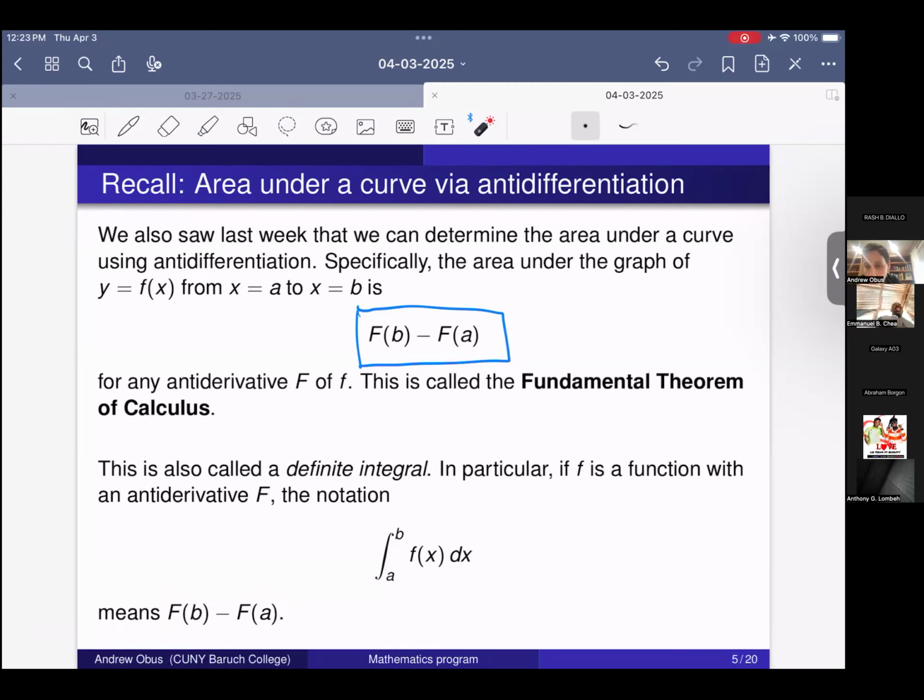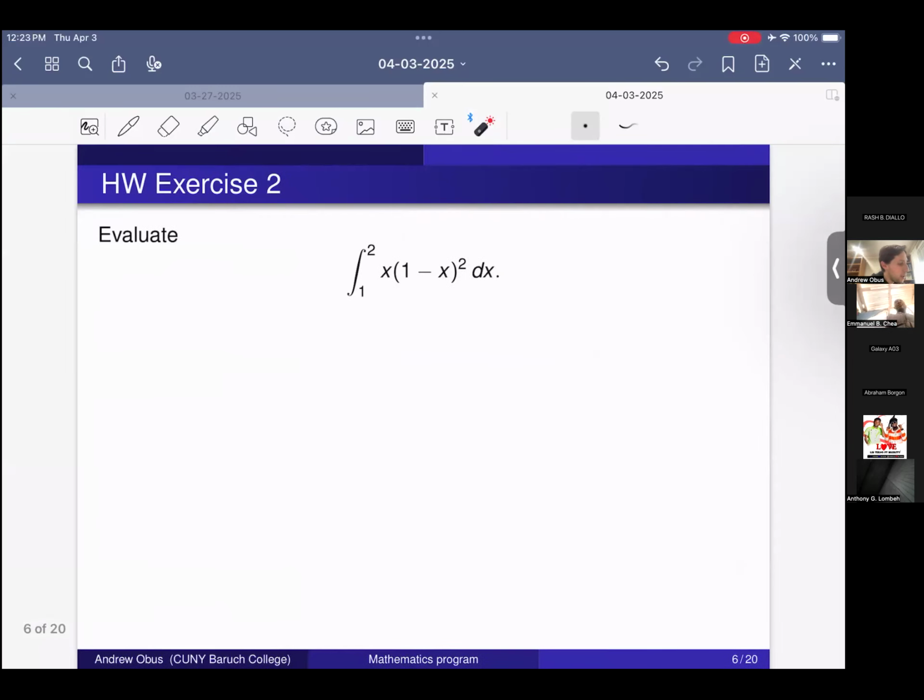Okay, so for us, we have this antiderivative that allows us to calculate these areas under the curve. For instance, we have this next problem, which is to evaluate the integral from 1 to 2 of x times 1 minus x squared dx.